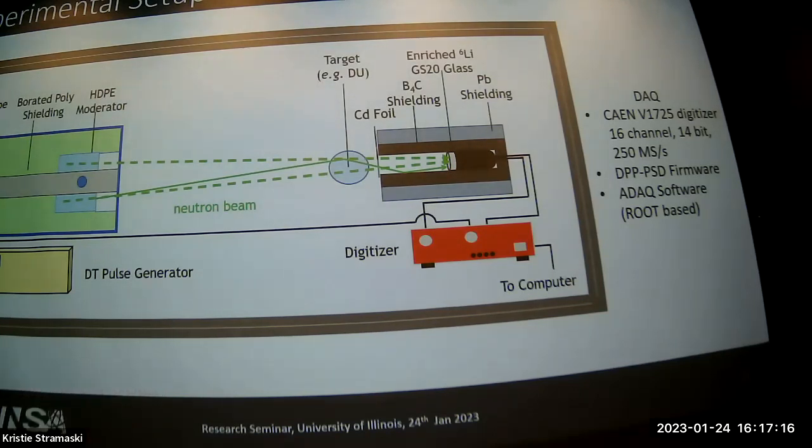So that's our target. And we put cadmium in front of the target, because cadmium helps in absorbing all the thermals. And we don't want thermals in our spectrum. We just want neutrons of energy around 1 to 100 eV.